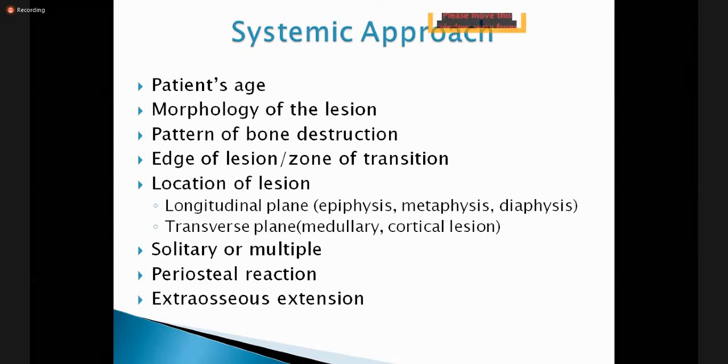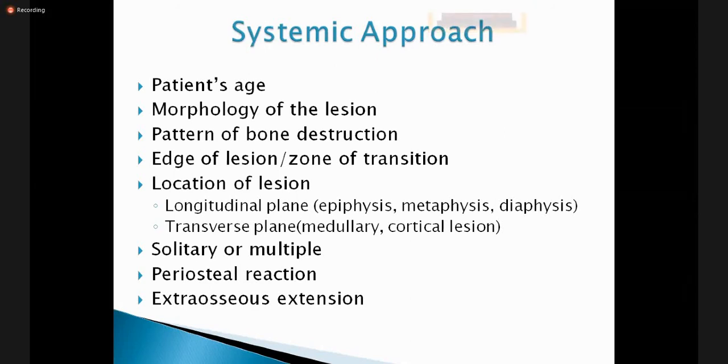We cannot separate the normal bone and lesion. Location of the lesion, longitudinal wise, like in the epiphysis, metaphysis, and diaphysis, or in the transverse plane, whether it is in the medullary cavity or in the cortical lesion. Then the lesion is solitary or multiple. Basically bone tumors are usually solitary, but when they are multiple, metastasis comes in the differential diagnosis.